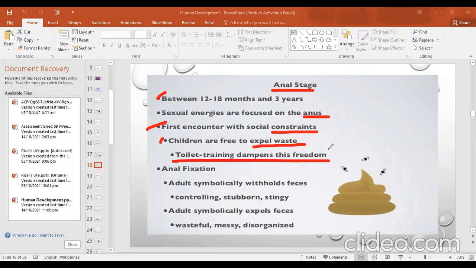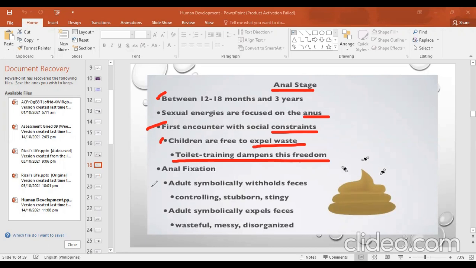Like, ang gagawin mo as a parent, ipipraise mo siya, basta magbibigay ka ng reward sa kanya. So, tendency kapag naman na-erase yung reward, parang hinayaan mo lang siya, bahala ka diyan, and etc. Doon naman papasok si anal fixation.